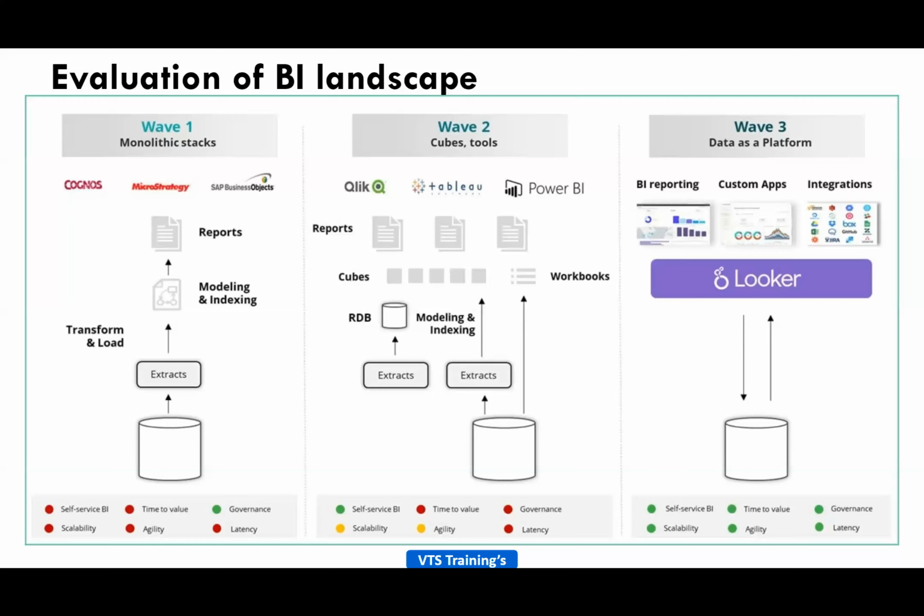So in the monolithic stack first wave, they hardly had governance, and did not have the aspects of modern BA: granularity, self-service, scalability, agility and latency.